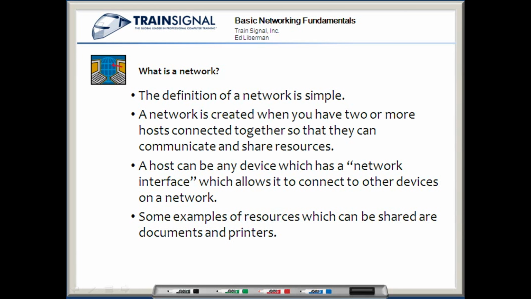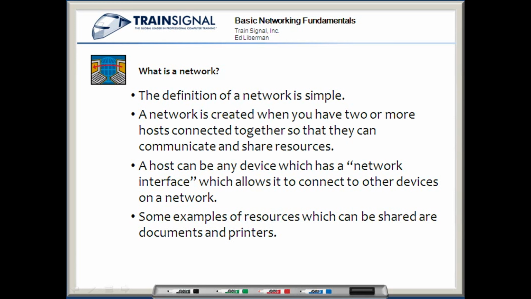When we say resources, some examples might be documents or printers. As a matter of fact, you may have even heard of something on a network called a file and print server. Well, that's exactly what that particular computer is. It's a computer that shares files or documents and printers.